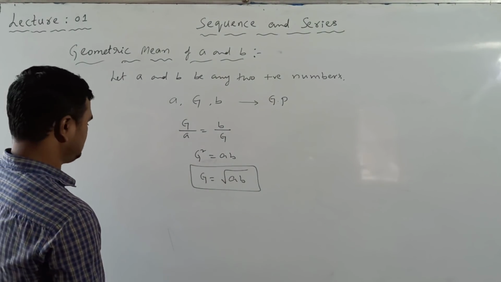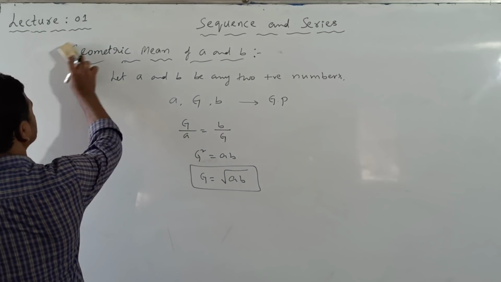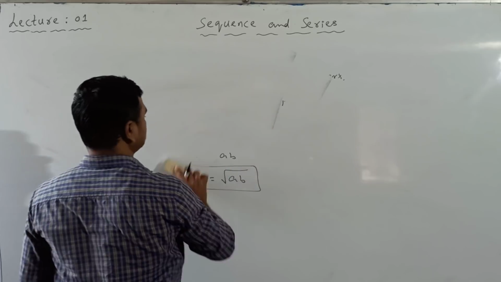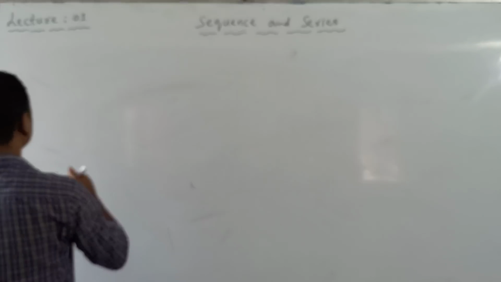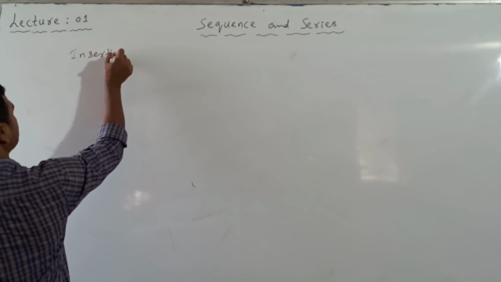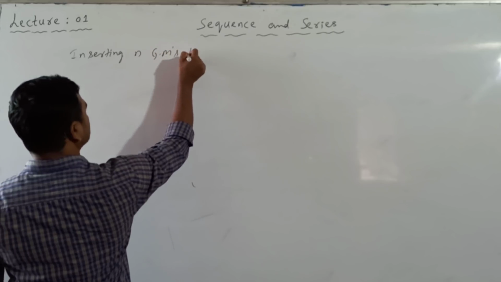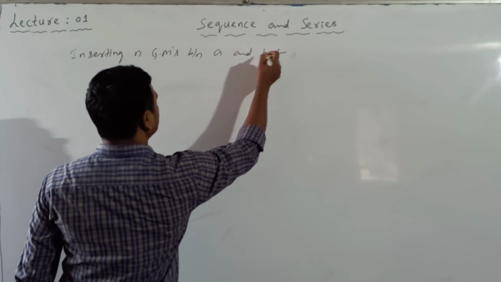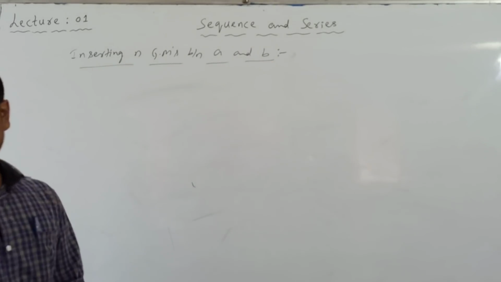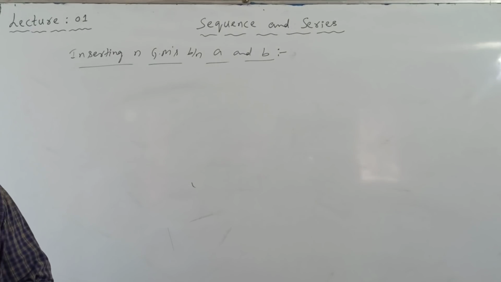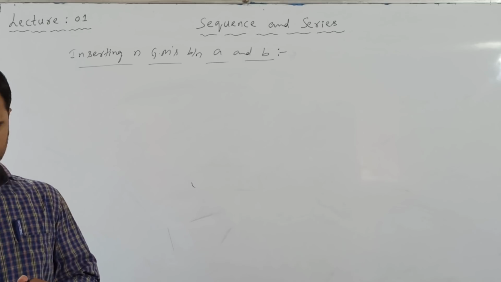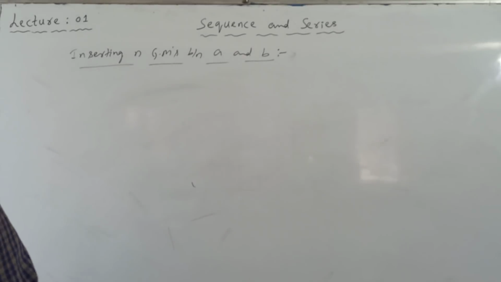So inserting n GMs between A and B. Let us take the numbers as G1, G2, G3 up to Gn.